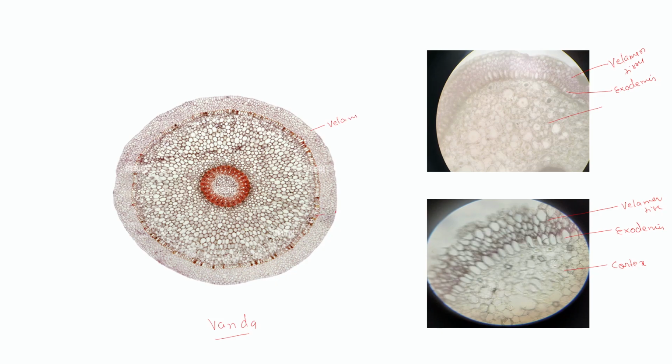Then the exodermis is there. This is the cortex, and in the center you can see the central cylinder. The endodermis is also very clear, and you can see the arrangement of vascular tissue. A lot of vascular bundles are arranged in a radial arrangement and in exarch pattern.